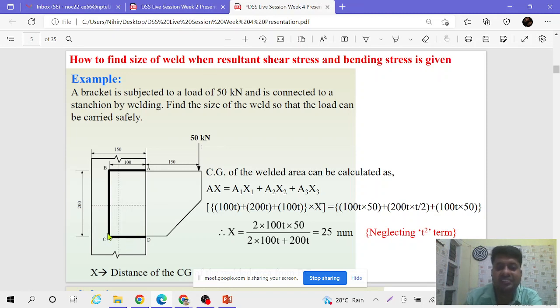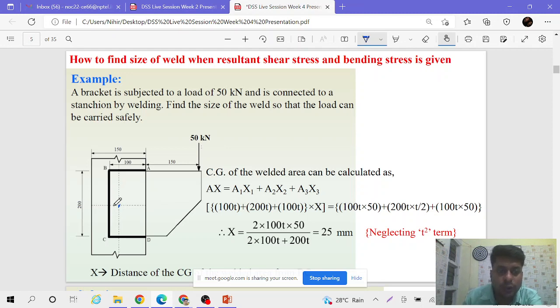So in order to calculate the CG, we first have to calculate the entire area of this weld. The entire area of the weld is denoted by capital A, and let us suppose this point is the CG. I will mark this point. So this blue dot is the CG.